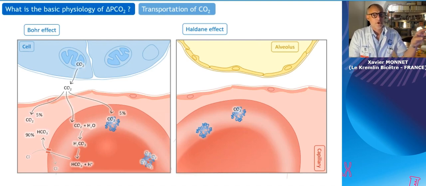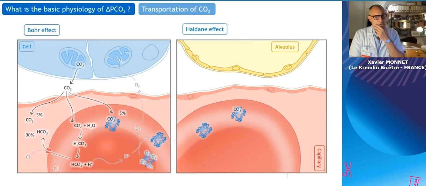There is also dissolved CO2, and a small part is linked to the NH3 extremities of proteins, including the globin of hemoglobin. But the main form is bicarbonates. By the way, the H+ ion reacts with oxygenated hemoglobin, and the free oxygen then diffuses toward the mitochondria.